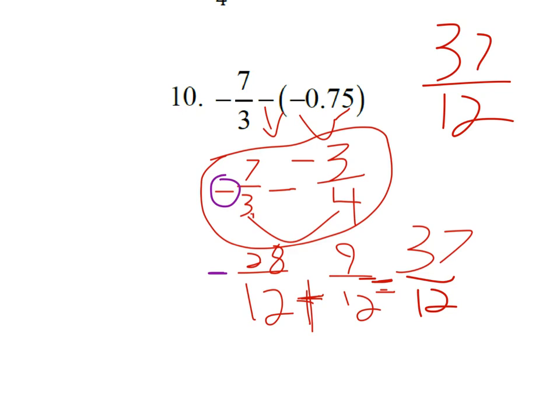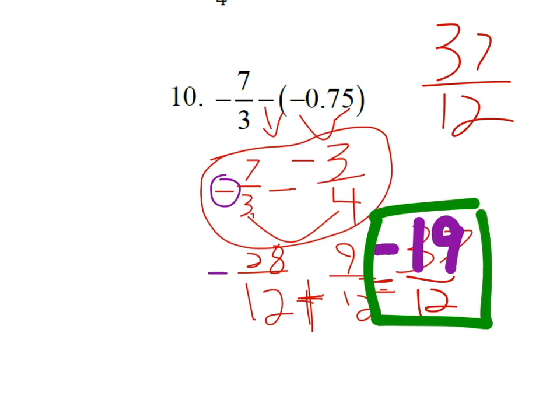What would that give us? It'd be negative 19. Negative 28 plus 9 means we'd go on the number line to the right 9, making that negative 19 twelfths. Bam. And yes, you have to resist the urge to change that into a mixed number.